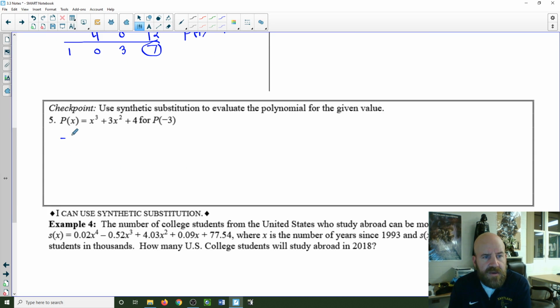All right, substituting in negative 3. 1, 3, missing an x. So multiplying it out, 0. And then get 4.